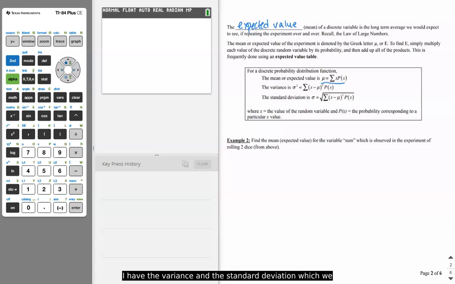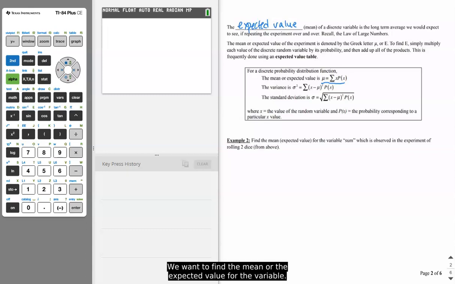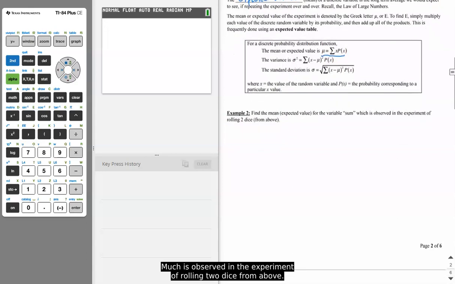I have the variance and the standard deviation, which we will talk about in just a minute in the next example. Again, x is the value of the random variable and p of x is the probability corresponding to a particular x value. So we want to find the mean, or the expected value, for the variable sum, which is observed in the experiment of rolling 2 dice from above.